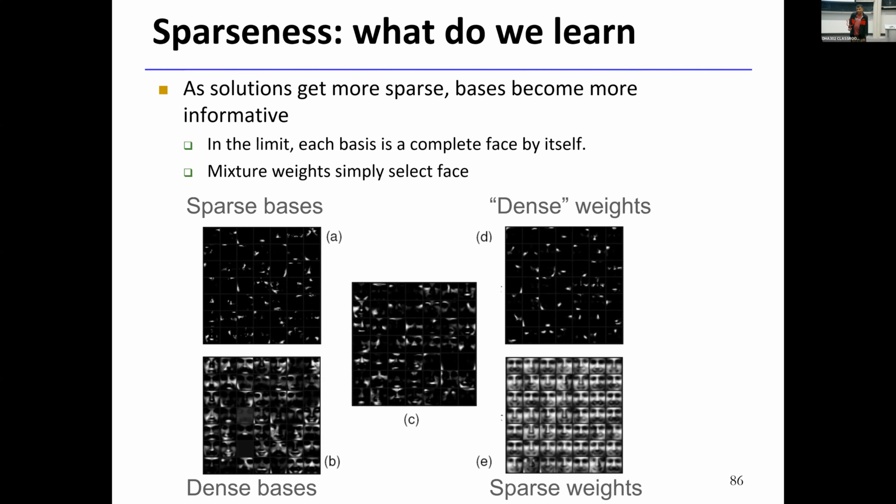But if I say that the bases must be sparse, meaning the weights must be sparse, which means that each face must be composed as a combination of the smallest number of bases, then what bases does it learn? It actually ends up learning face-like structures as bases. This is what I would call typical faces, right?